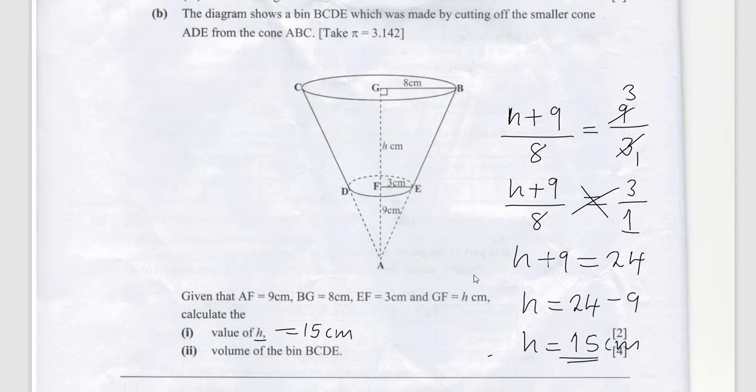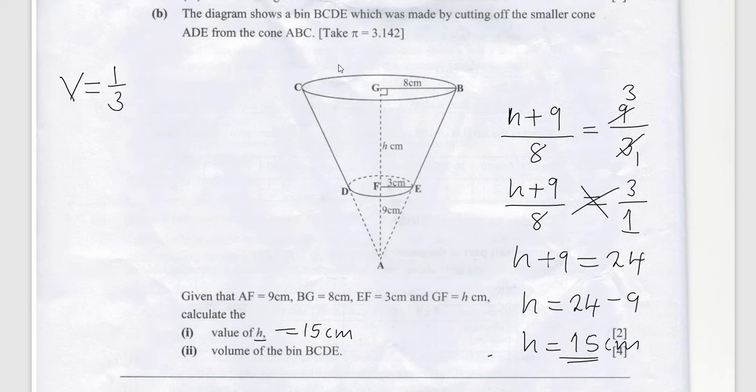So now for question B2, to calculate the volume of the bin, B, C, D, E, we're going to use the formula. Volume is equal to 1 over 3.